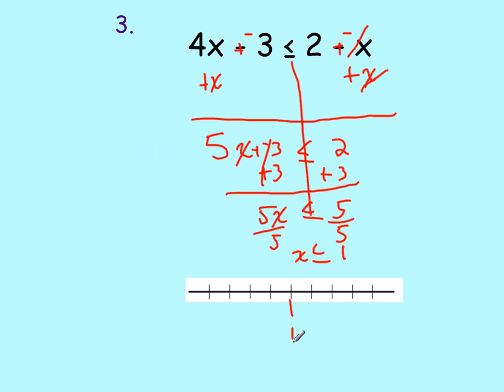So I graph 1, and then it's going to be a closed circle going to our left. So nothing algebra-wise has changed. The only thing we have to be concerned about is the inequality sign, when to flip it. Since we didn't divide by a negative number, we divided by 5 here, we didn't have to flip the sign anyway.